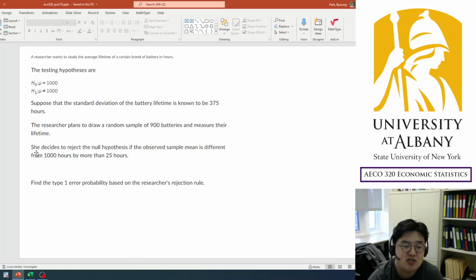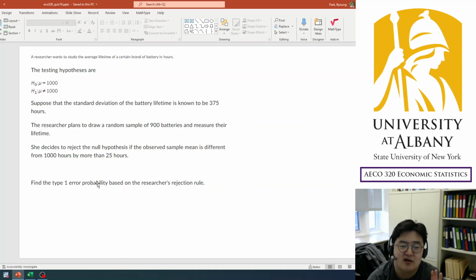Okay. She decides to reject the null hypothesis if the observed sample mean is different from 1,000 hours by more than 25 hours. Find the type 1 error probability based on the researcher's rejection rule. Okay, so I'm asking you the type 1 error probability again.